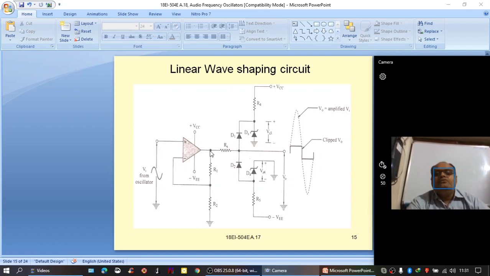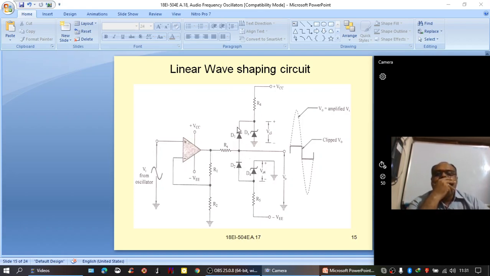And here the output value is clipped. It will not be between VCC and VEE. It will be clipped because of the arrangement of D2 followed by R4 or D1 followed by D5. As you can see here, when the output here is positive, diode D1 will conduct.